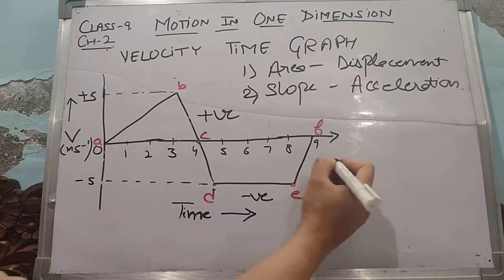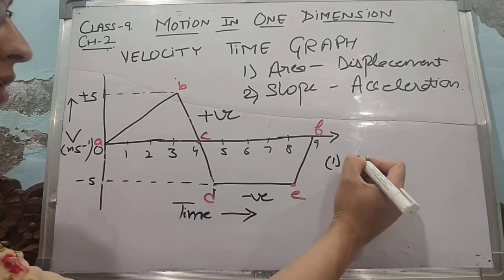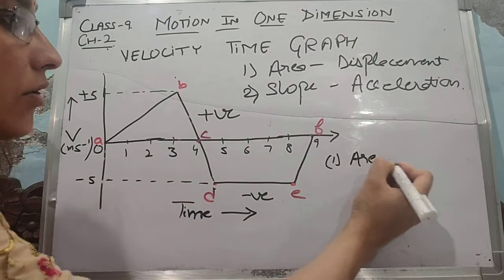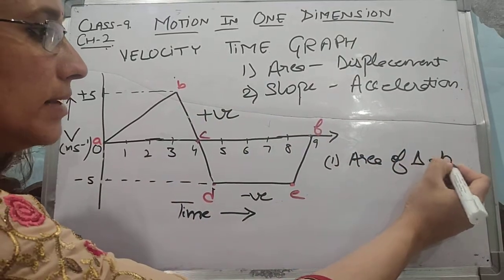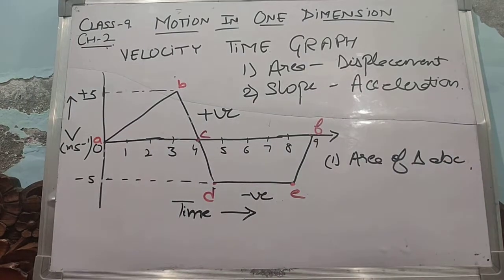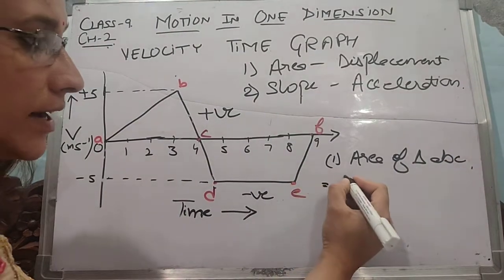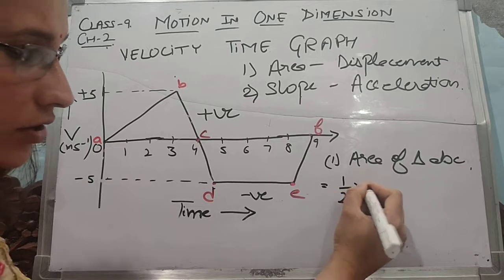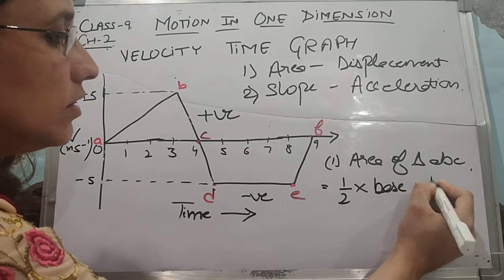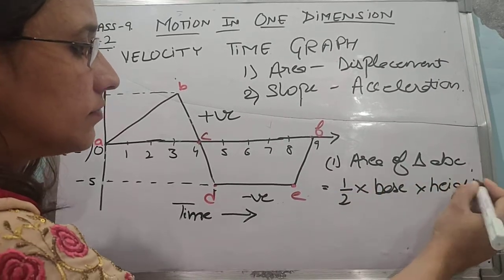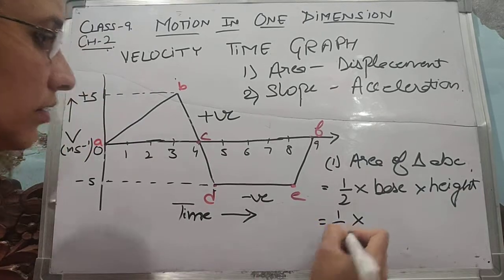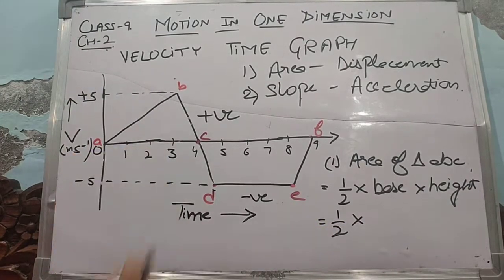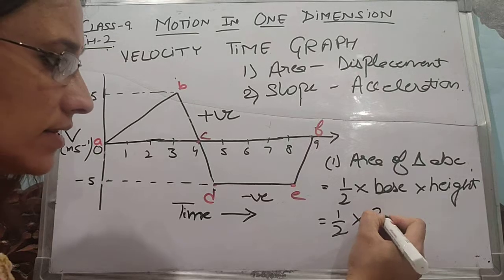So first is your triangle, so we'll find area of triangle ABC. We know what is the area of triangle? It is half into base into height. From the given figure, we can see AC is a base. So I can write this as AC.